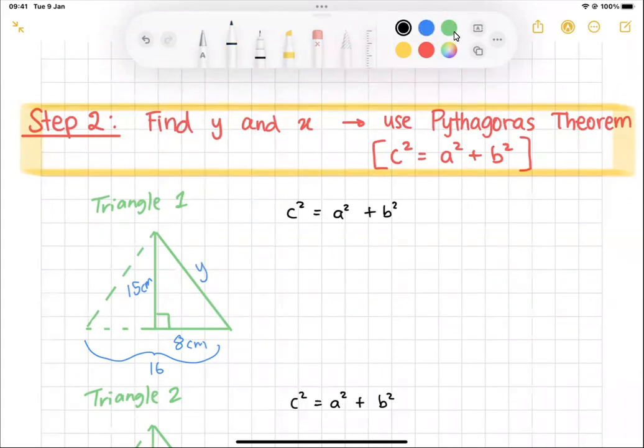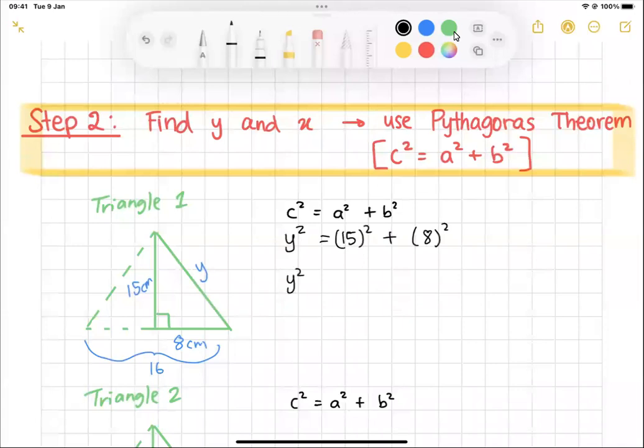I put the formula here if you don't remember what it is. C squared will be our hypotenuse, which is y squared. Let's substitute that in. Our a squared will be our 15. Then our b squared will be 8 squared. All right, let's start doing it.